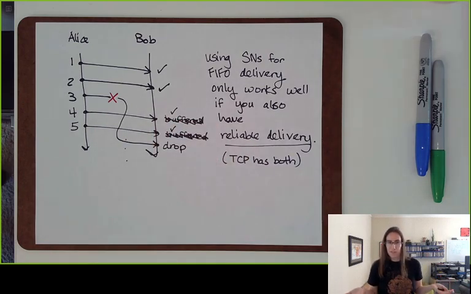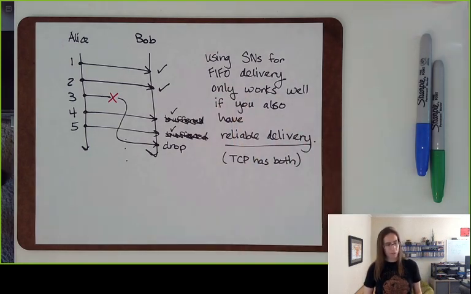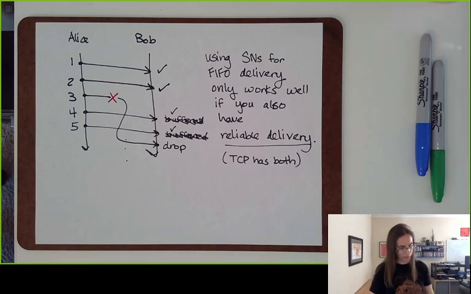In practice, buffers sometimes are of fixed size, so you have to do things like that. So in practice, if you want FIFO delivery, you also need this other property of reliable delivery, and we're going to be talking about this much more later in the course.